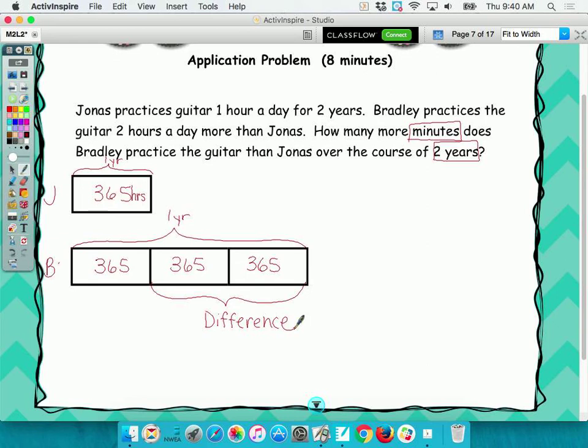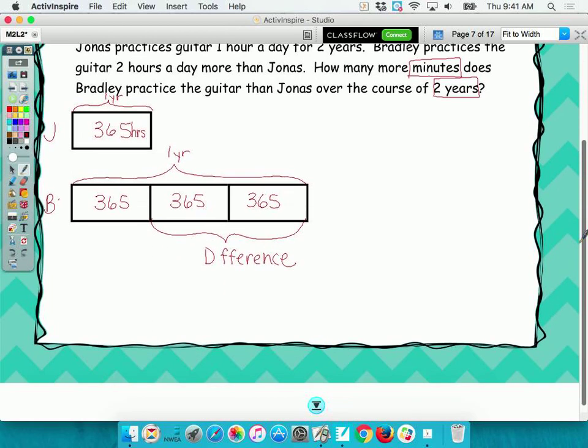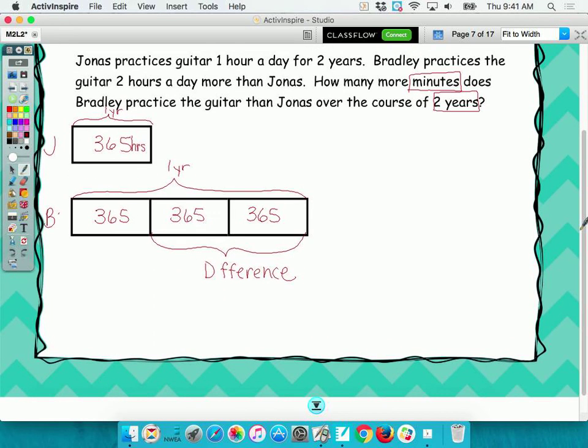The difference between their practice time in 1 year, Julian, do you know the answer to 365 plus 365? 730. Just to double check Channing's math. You're close. 730. So the difference between the 2 boys in 1 year, okay?